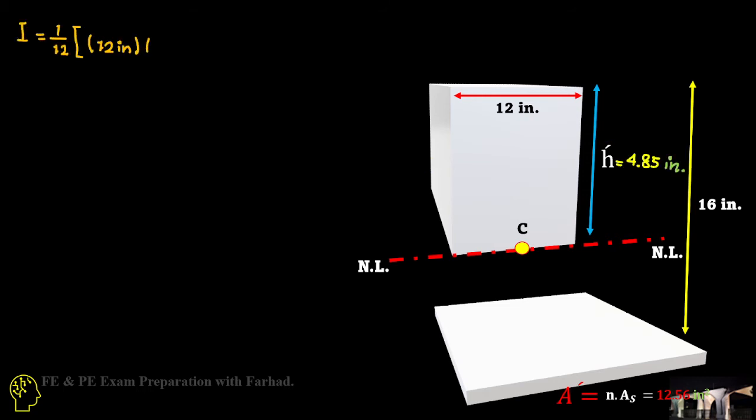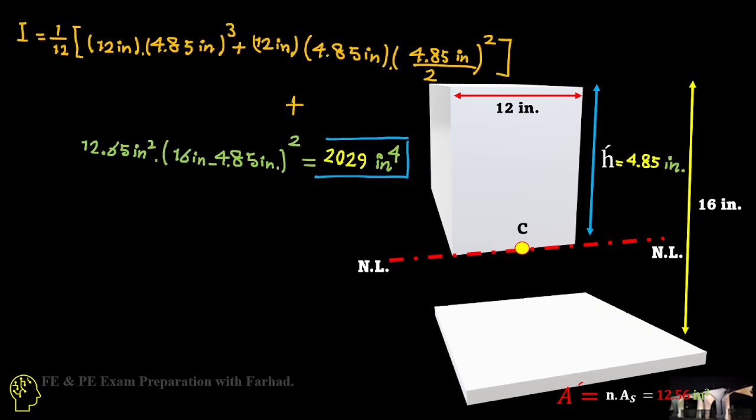As soon as we have h prime, we can easily calculate the moment of inertia, and that goes for two sections. The top one is for the concrete part above the neutral line, and the one here in green is related to A prime, which is the equivalent area of the steel rods.